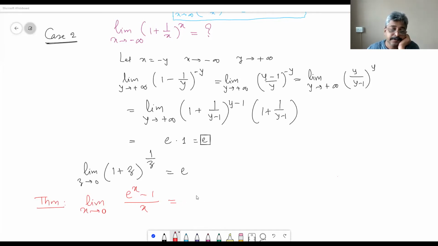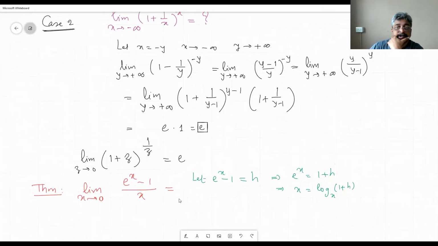Let e raised to x minus 1 is equal to h. Therefore, e raised to x is equal to 1 plus h. Correct? Therefore, x is equal to log of 1 plus h to the base e.